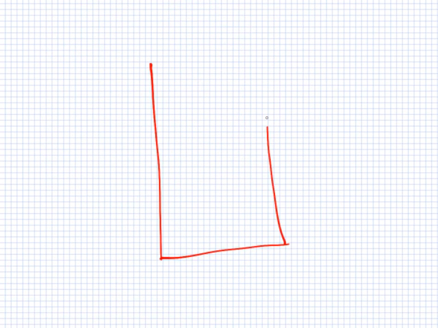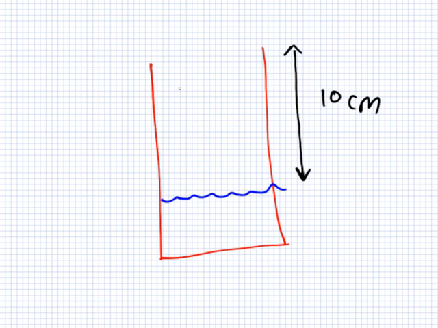Right, so here's Amanda's drink, and there's some water in it here. This distance here is 10 centimeters, and we want to make a fundamental standing wave inside of it. The sound wave's velocity is 340 meters per second. I think it's actually more like 330, but we'll go with 340 for the moment.